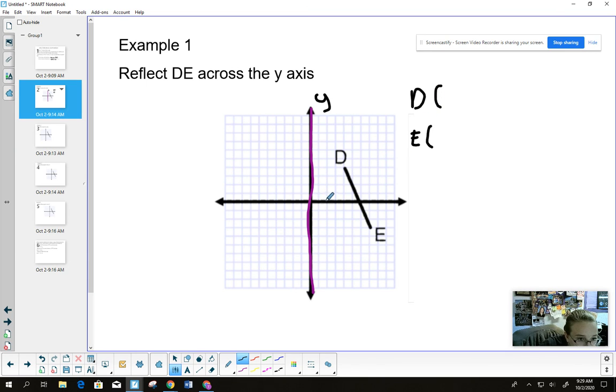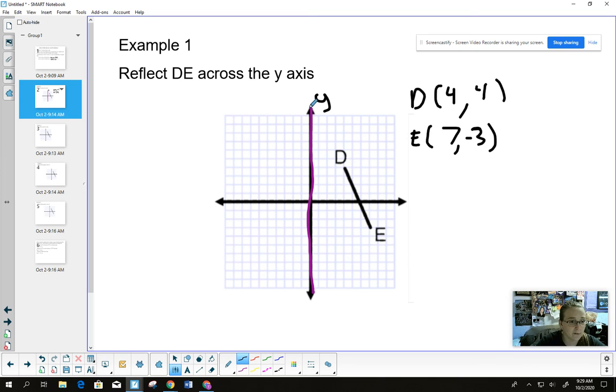So D is (1, 2, 3, 4), comma (1, 2, 3, 4). And E is (1, 2, 3, 4, 5, 6, 7), comma -3. So if you do not have your notes packet, draw a little graph yourself and plot those points, connect the dots, and then you can go from here.